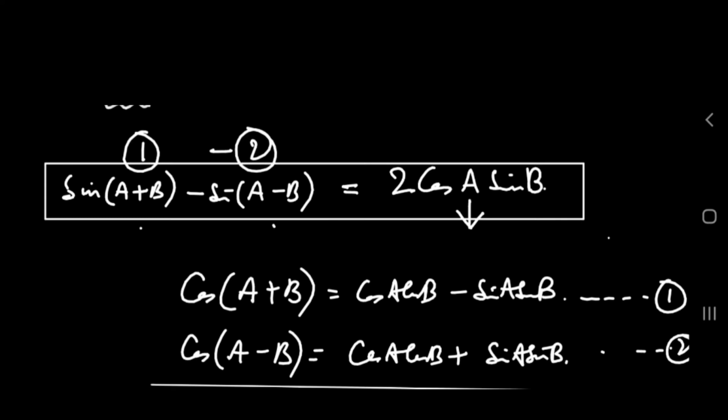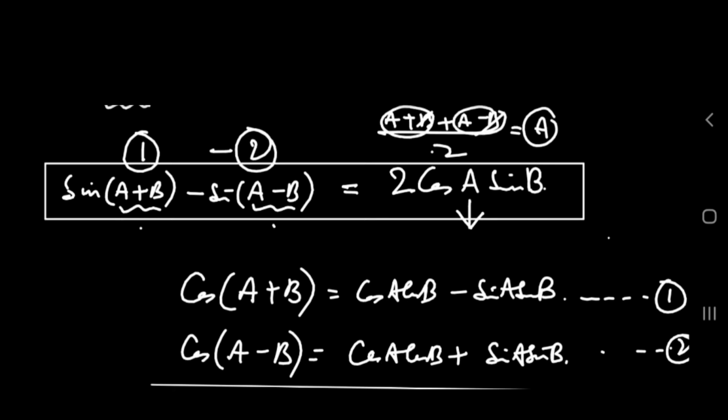If I add these two, A+B plus A−B, and divide by 2, what are we getting? A is (C+D)/2.